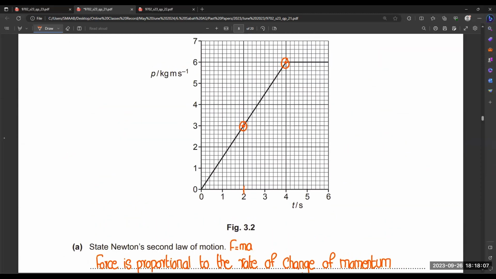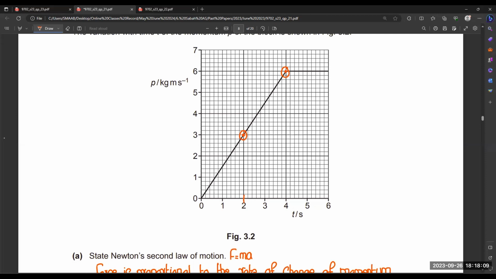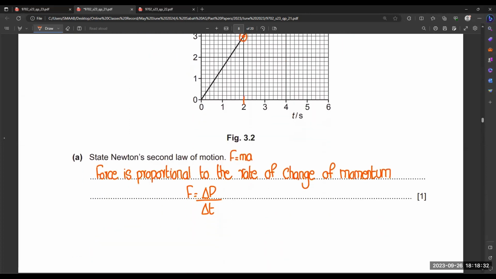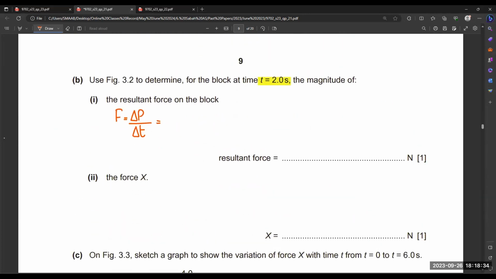The values of the momentum and the time are given in your graph, and from 0 to 4 seconds the graph has a uniform gradient, so it's up to you. Either divide 6 minus 0 for momentum by 4 minus 0 for the time period. So 6 divided by 4 is 1.5, and you will also get the same answer with 3 divided by 2.